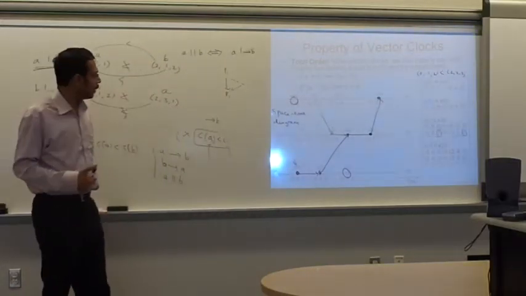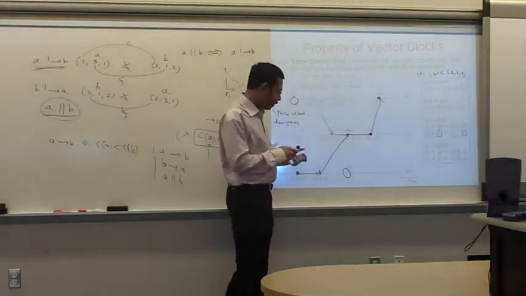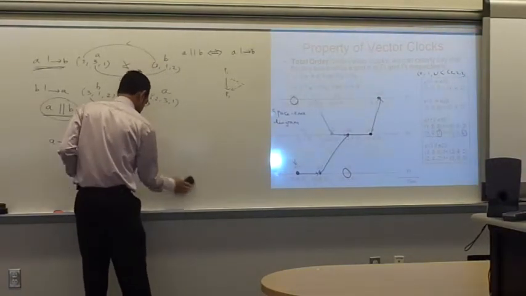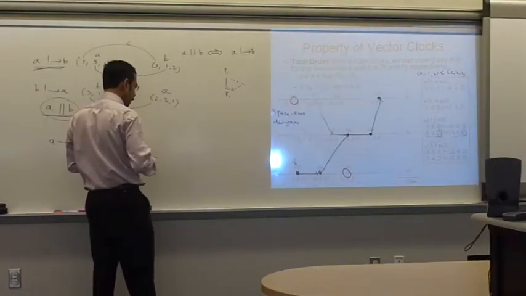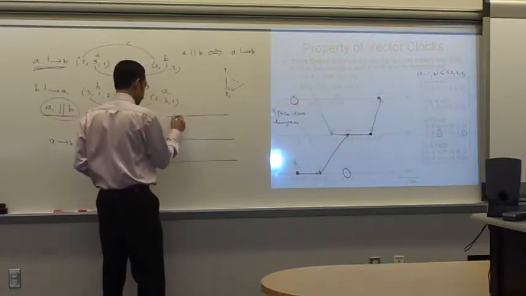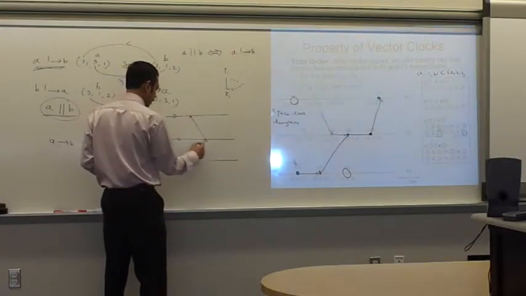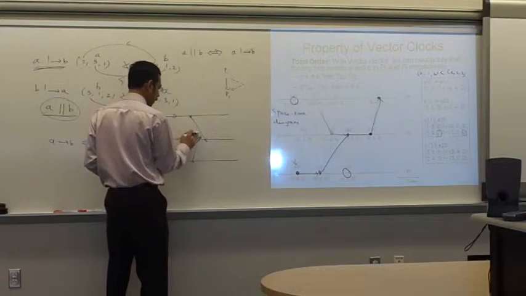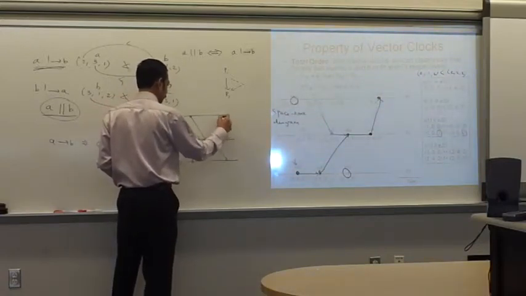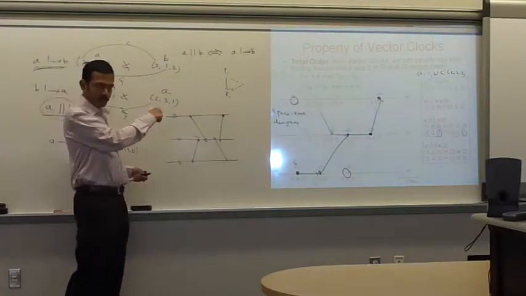So what kind of question can you expect? I'll give you the space-time diagram without the clock values, just the messages sent from the processes and some internal events. So first we have to determine the vector clock values, computing the vector clocks like we did.